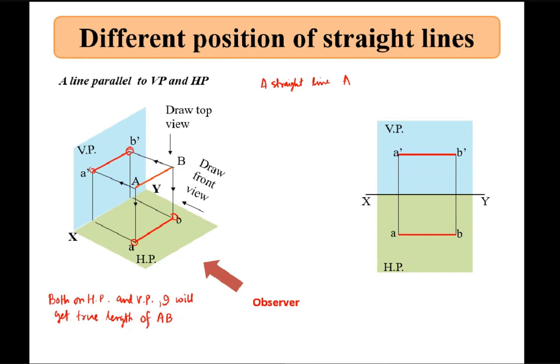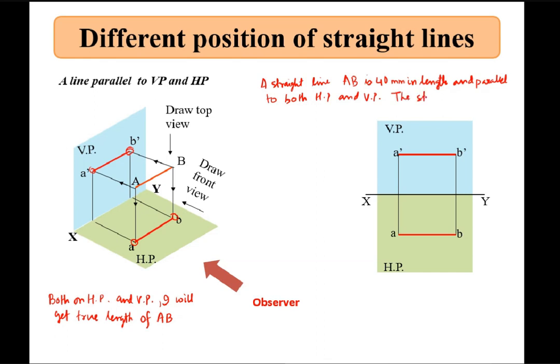Now, if I take a problem: a straight line AB is 40 mm in length and parallel to both HP and VP.